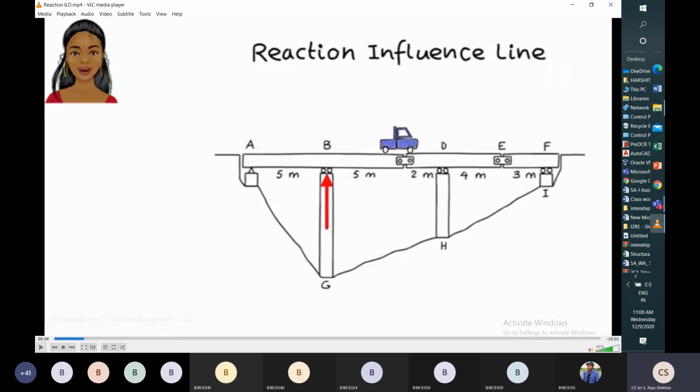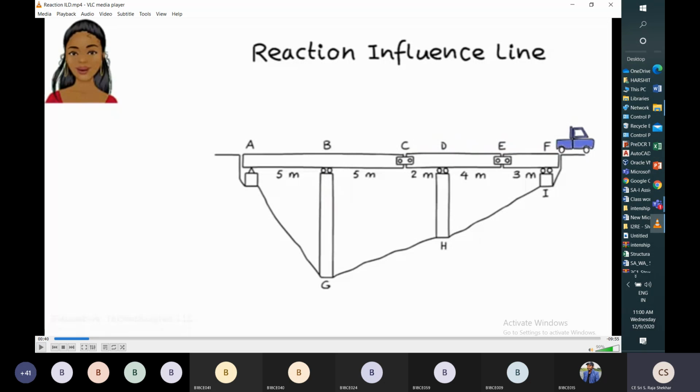When the unit point load is at C, it will become 0, and again it changes its sign from C to E, and at E it is 0. At F, it will become 0.